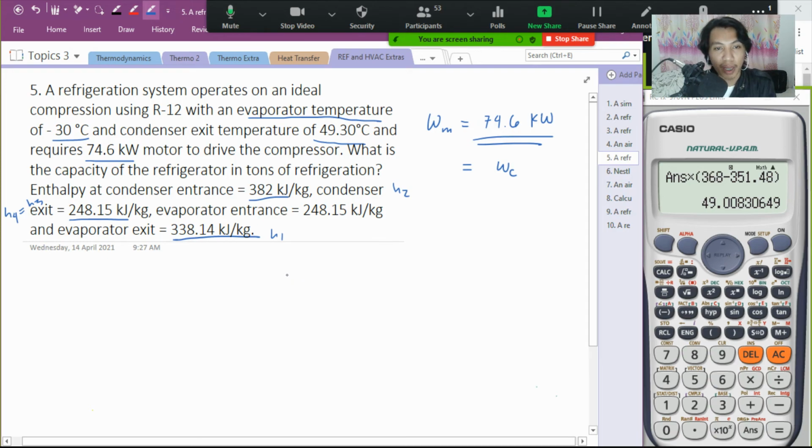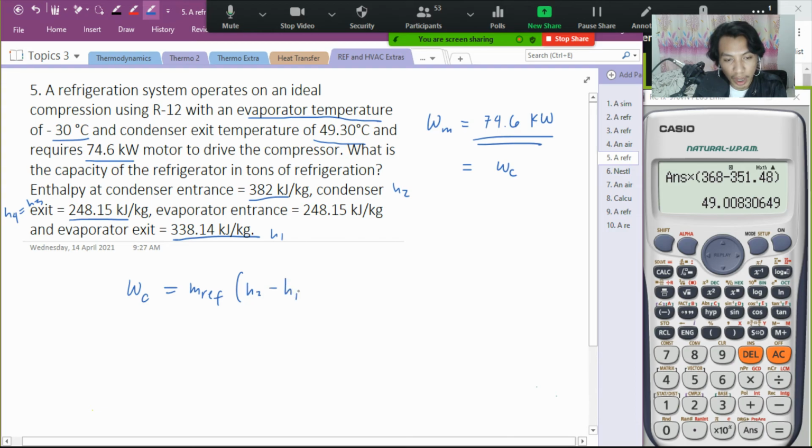What are we looking for? What is the capacity of the refrigerator in tons of refrigeration? Again, I'm just repeating. So what you will do is find again the mass of the refrigerant. The work of the compressor is equal to the mass of the refrigerant multiplied by H2 minus H1.